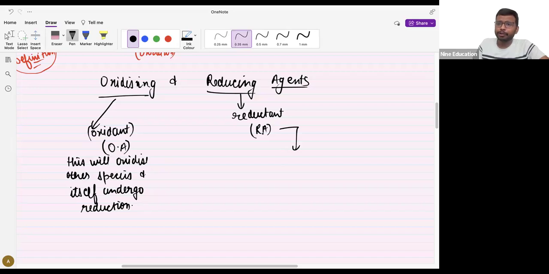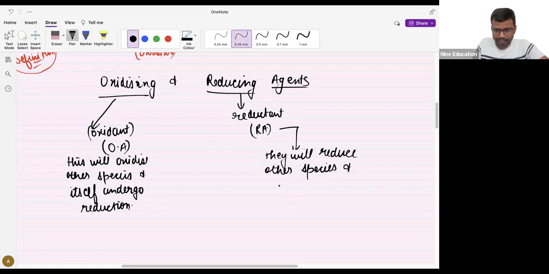Similarly, we have reducing agents. Reducing agents, what they do by their work, they will reduce other species and themselves undergo oxidation.